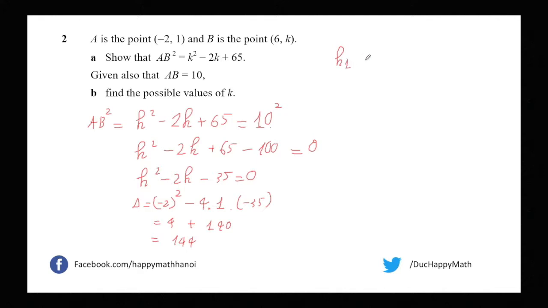The first one, k1 will be equal to minus b, which is 2, plus square root of 144, divided by 2. And k2 is 2 minus 144 square root divided by 2. So 12 plus 2 is 14 divided by 2 is 7, and minus 5. Okay, so the two possible values of k are minus 5 and 7.